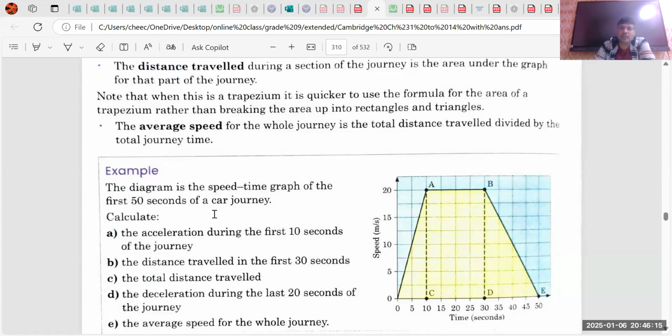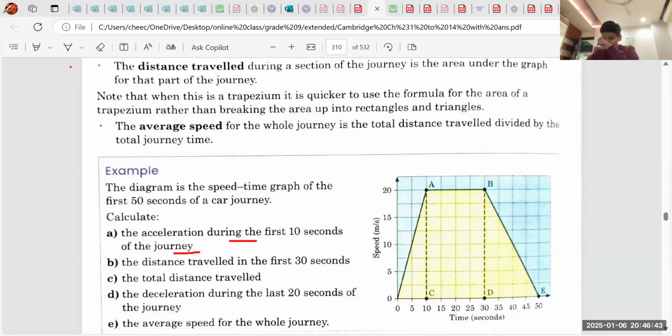Give your answers. Ore and Tanish, give your answers. So one of each part. They have written the acceleration during the first 10 seconds of the journey.